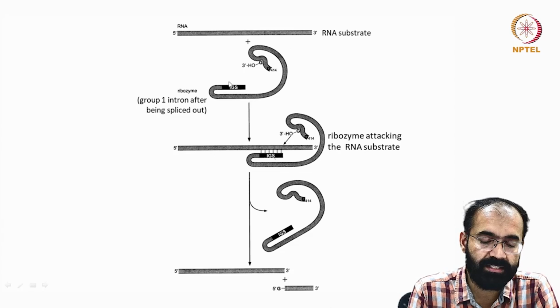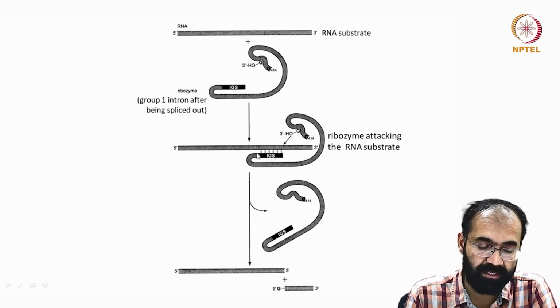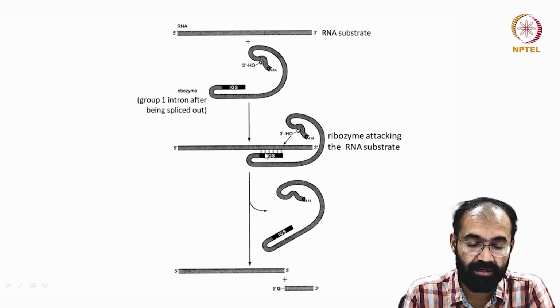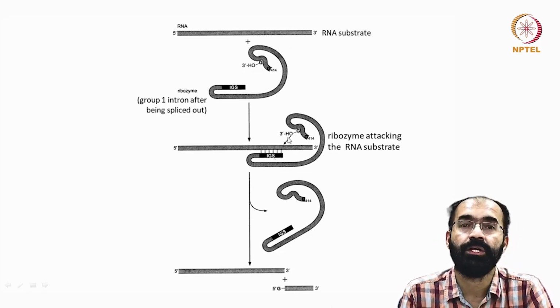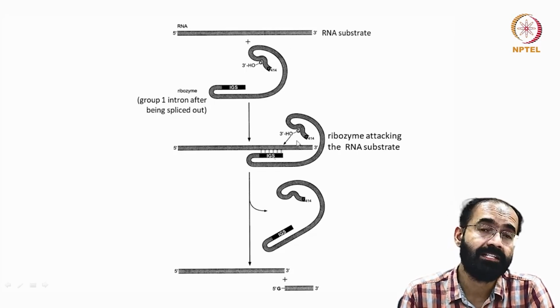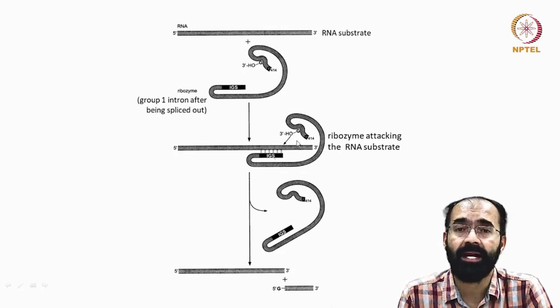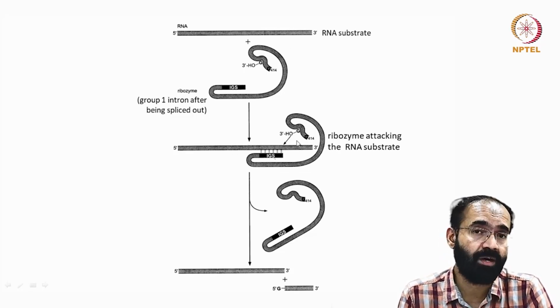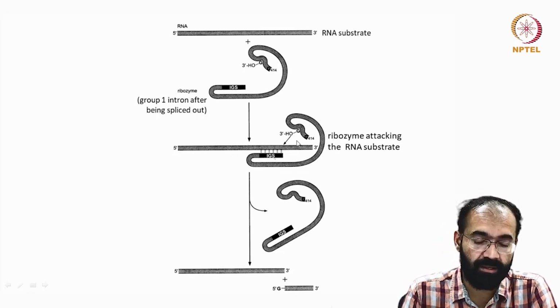Now, it has a unique sequence called IGS, internal guide sequence, which can pair onto the RNA substrate at a selective region. Once this pairing happened, what will happen? This guanosine can do the same nucleophilic attack onto the specific regions of this RNA, similar to what it did onto the 3' end of exon number 1, or whichever sequence is available in the vicinity.